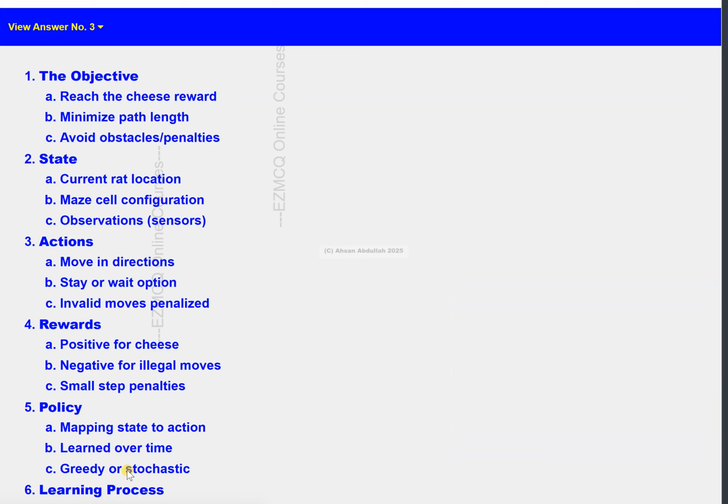What is meant by objective? The objective, as I have just mentioned, is to reach the target cheese from a starting point, optimally in terms of path length or cost, avoiding obstacles and unnecessary moves.